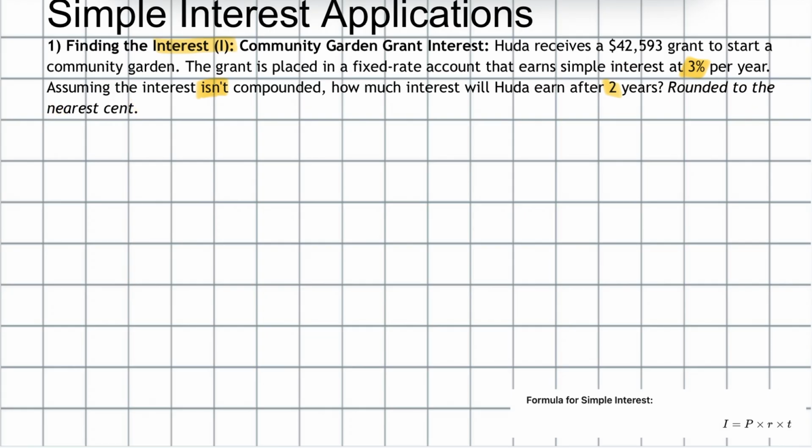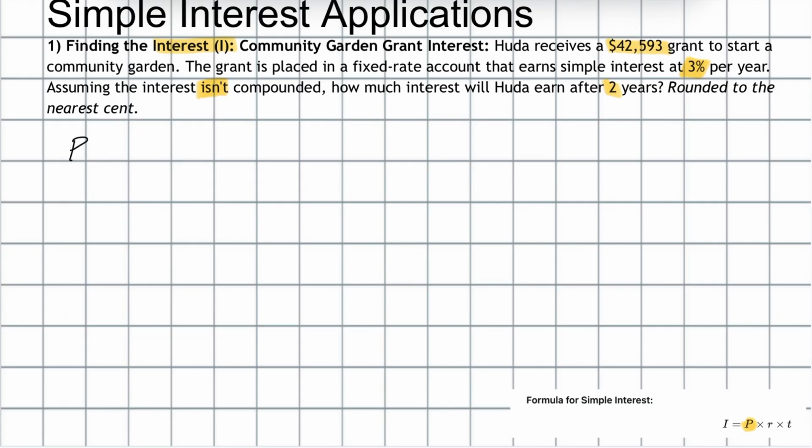So this information is giving us three important pieces of information. First of all, we have the principal amount. The principal amount, which is P, is equivalent to the definition: the original amount of money invested or borrowed before any interest is added.